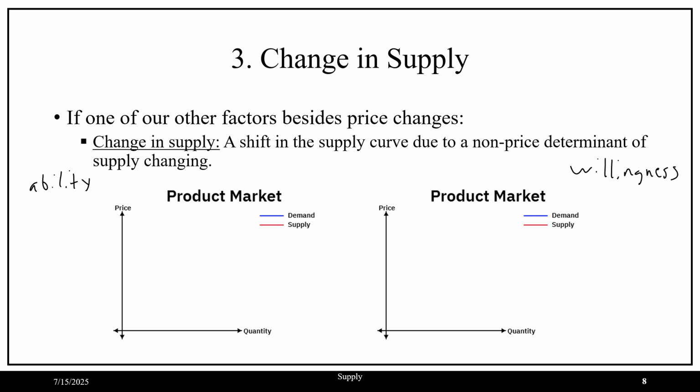A change in supply has to be due to ability or willingness changing. For our generic graphs, we're charging a price of P2 at B with quantity supplied at Q2. Same thing here at P2, quantity supplied is Q2.